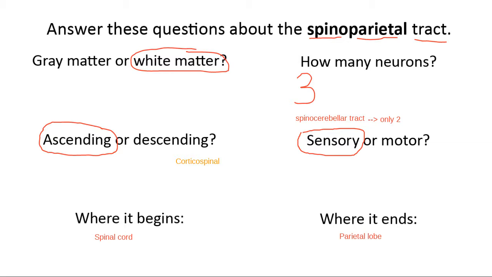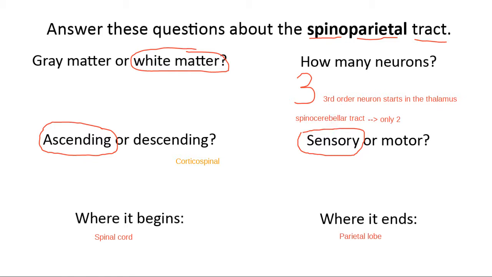Yeah, the third order neuron starts in the thalamus. This particular tract never makes it to the thalamus. Because it doesn't make it to the thalamus, I'm not going to have a third order neuron.